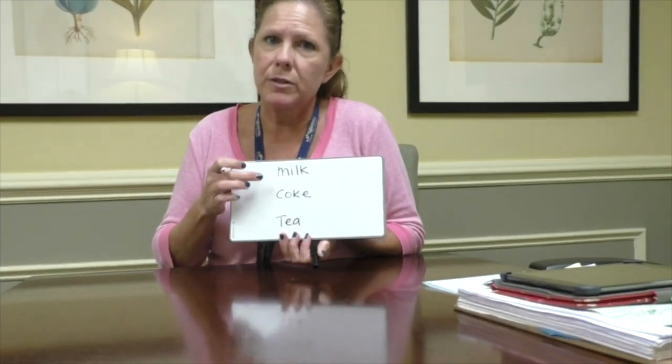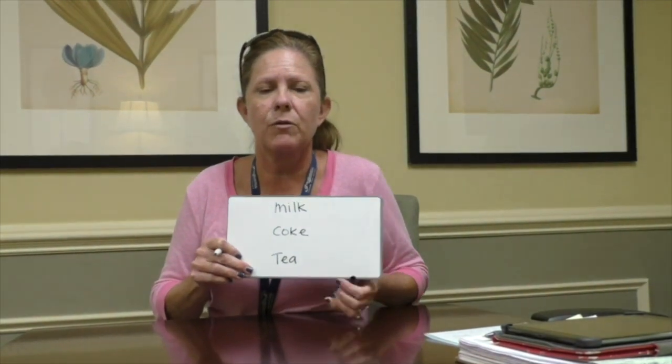So for instance, if somebody wants something to drink, and by asking them, what would you like to drink, they can't tell you, then we need to give them some choices that they can choose from. So we might say, would you like milk, Coke, or tea? And you ask them to show you which one they want. You want to tell them out loud the choices and point to them as you're presenting them so that they know what you're asking them.